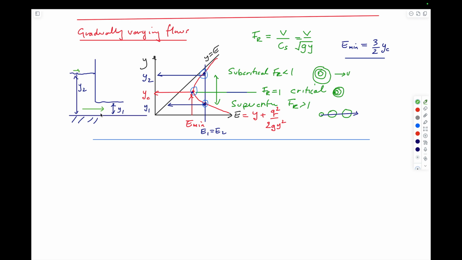And because of a small flow area, this has to be at large flow velocity. So we can have a fast flow that's deep, a slow flow that's deep, or a fast flow that's shallow. And so we can have 2 different regimes because we have this free parameter, which is the depth of flow, which we don't really have control over. So we can write a specific energy diagram that defines both of these.